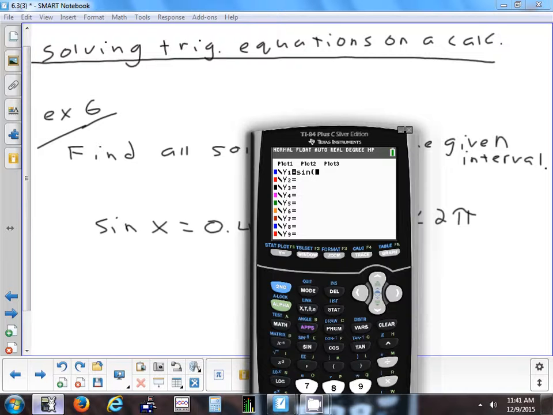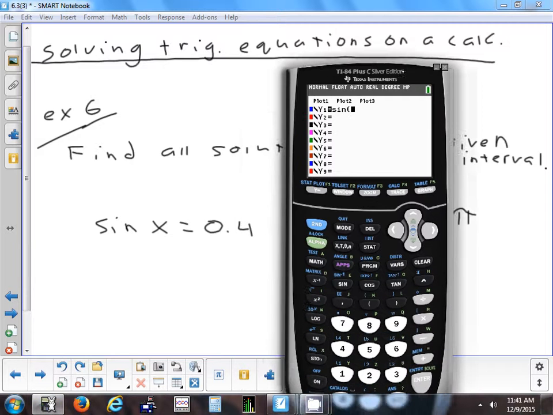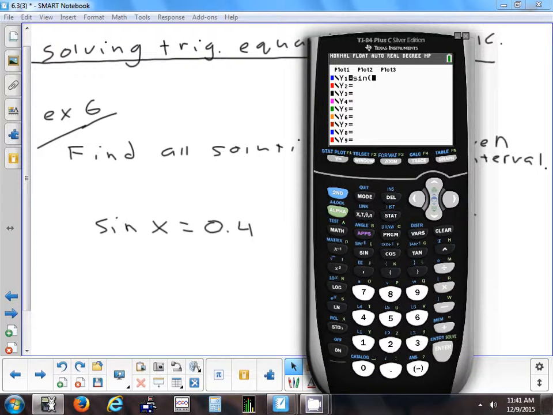So how would I type this in so I can solve it on here? You would set it up as two separate y equations. It would be y equals sine of x, and the other one would be y equals 0.4. And what are you going to be looking for? We're going to look where they intersect.